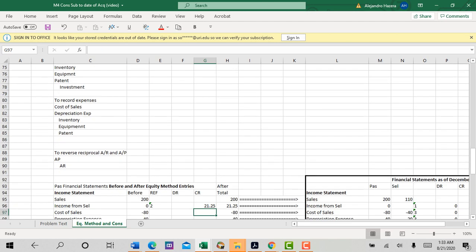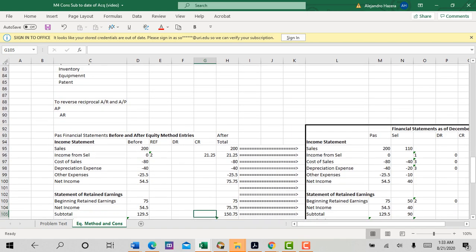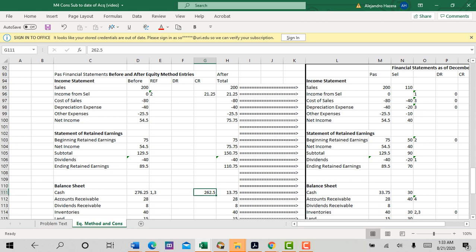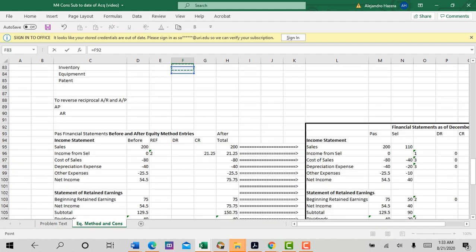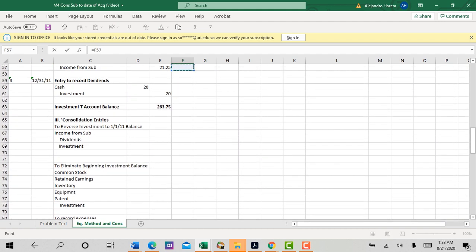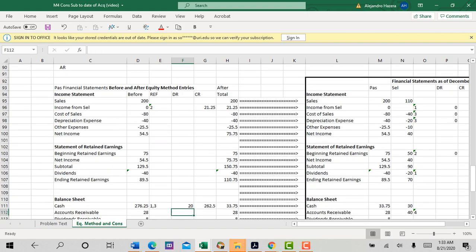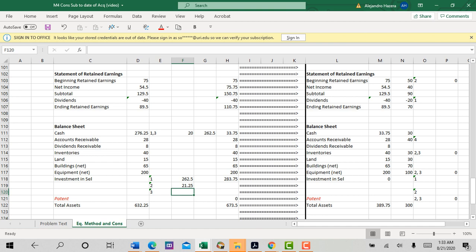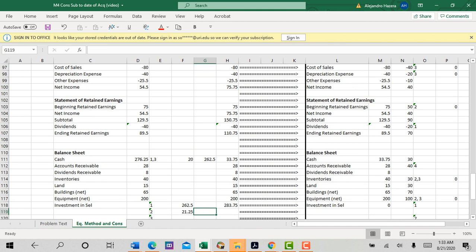And in the final entry, it's the payment of dividends, so we're going to debit cash for the 20 in dividends because we're being paid dividends. We have no choice there. Debit cash for 20, and then we're going to credit the investment account for the 20 also.